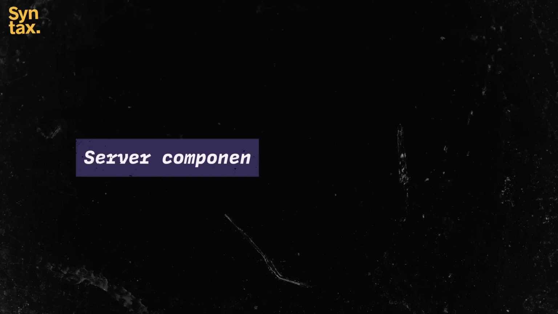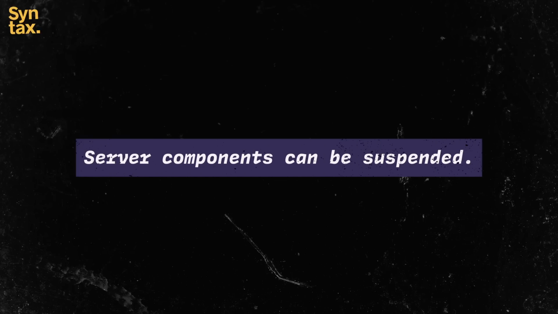Server components can also be suspended. Basically, you can continue rendering the rest of your app while these things are working on their render, so it's not going to hold up if you are awaiting them. Modern React is often streamed, meaning the browser will start to render pieces of the website.